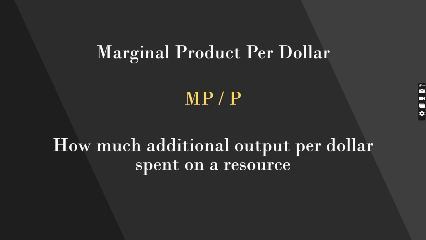This looks very similar to the marginal utility per dollar equation that we had for consumer choice theory, but it is simply the marginal product of a firm divided by the price of the resource. Okay, and so this is just showing us how much additional output per dollar spent on a resource.